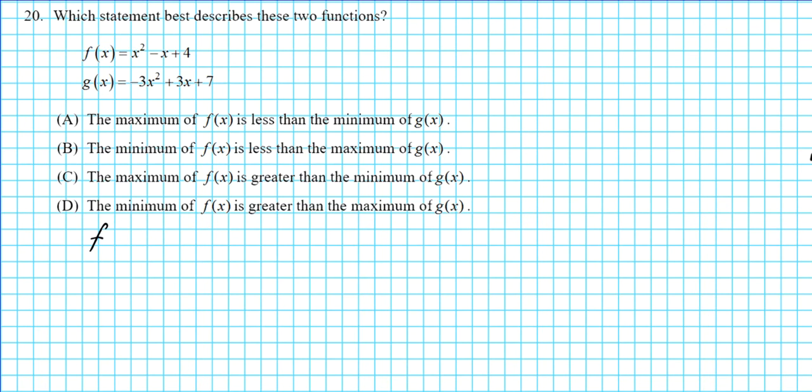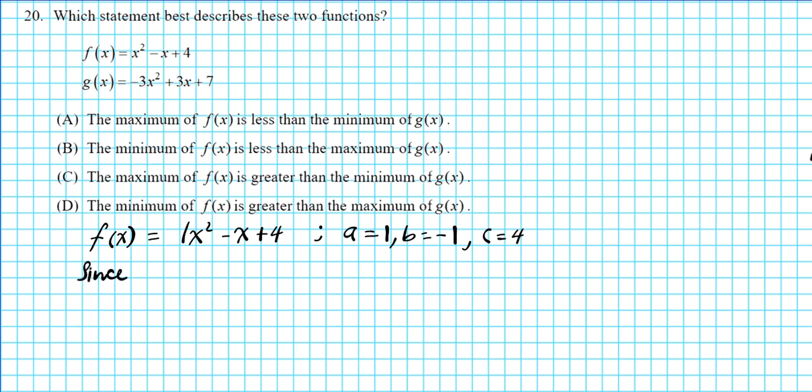Now, let's deal with the extrema first. f of x is equal to 1x squared minus x plus 4. So with this, we know that a is 1, b is negative 1, and c is positive 4. What's the opening of f?